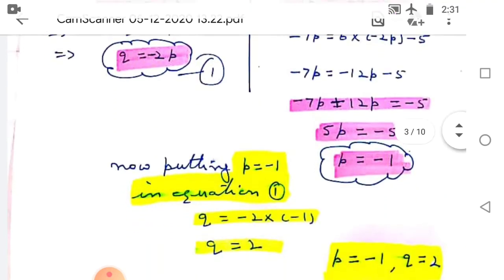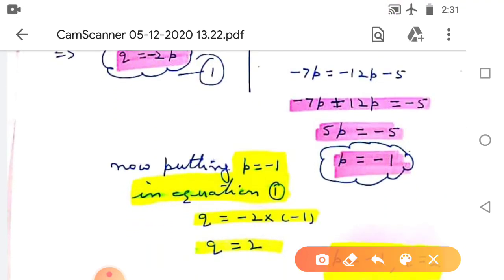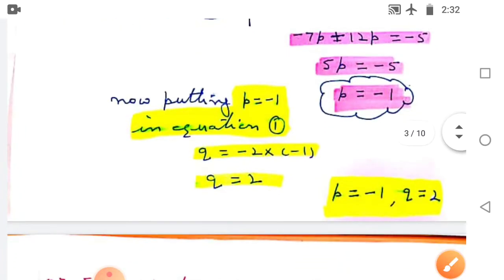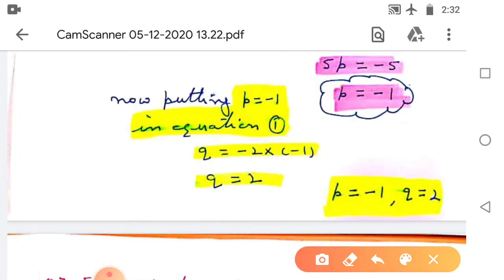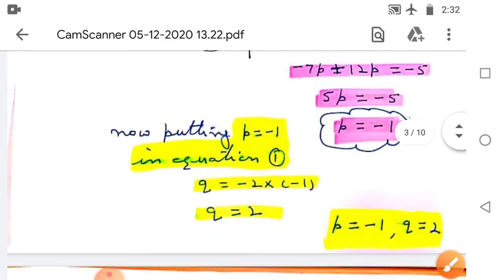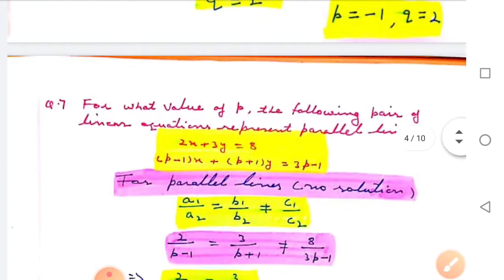Now putting p as minus 1 in equation 1, we get q is equal to minus 2 into minus 1, that is q is equal to 2, right? So in this question, the value of p is minus 1 and the value of q is 2.